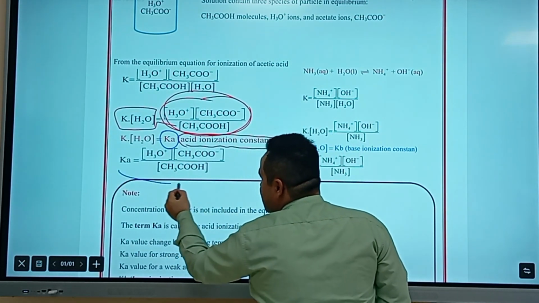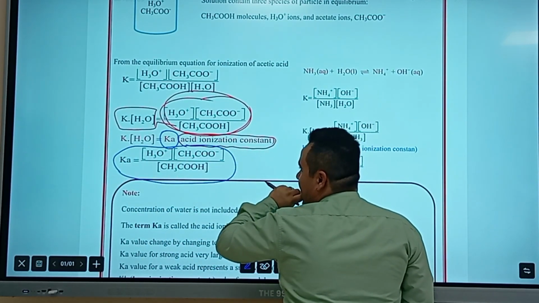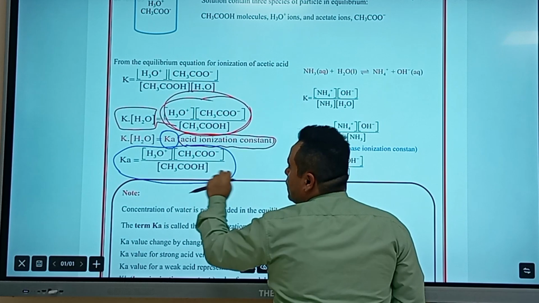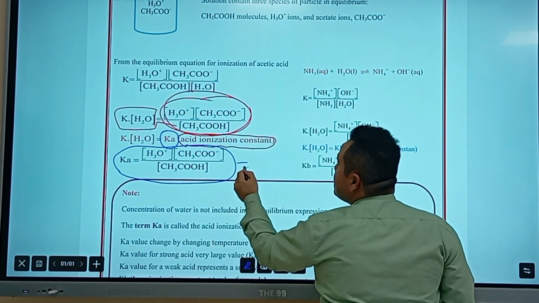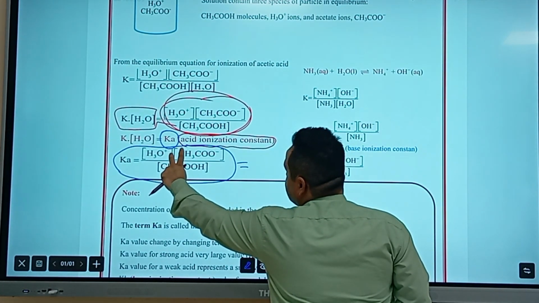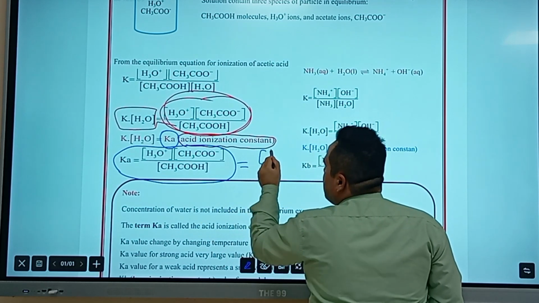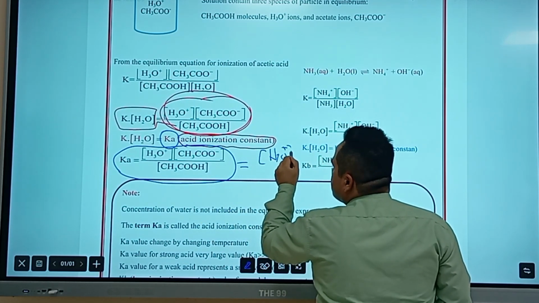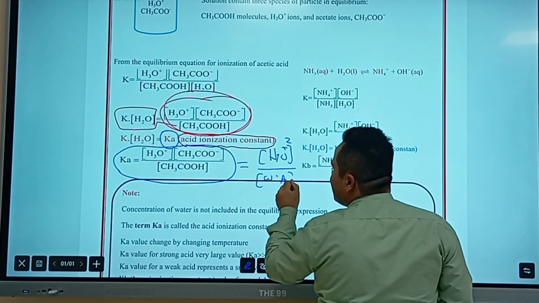So we represent this by Ka, and Ka is equal to hydronium multiplied by the anion over the concentration of the weak acid. Or it can be represented as what? As usual, in monoprotic acids, these two are equal, so we can say hydronium squared over the concentration of the weak acid.